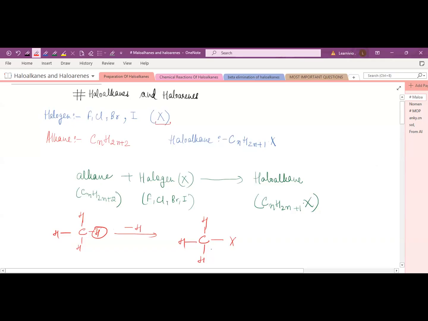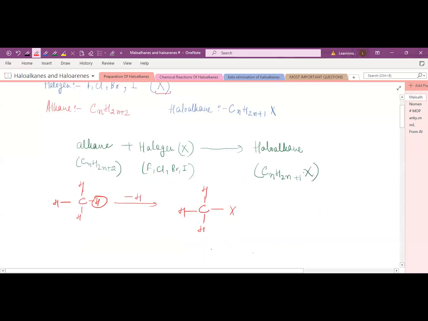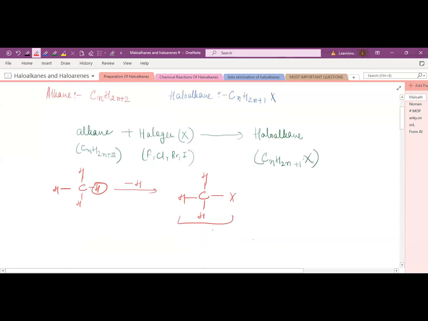So if one hydrogen is replaced by a halogen group, it is known as a haloalkane. X could be fluorine, chlorine, bromine, or iodine. Any halogen group can be there.